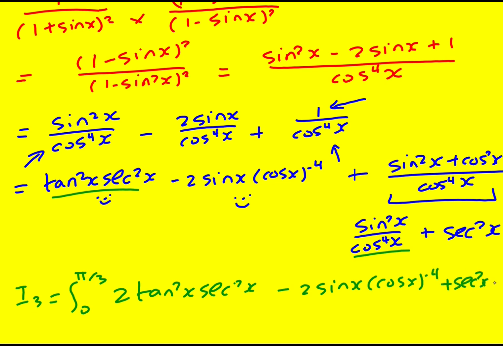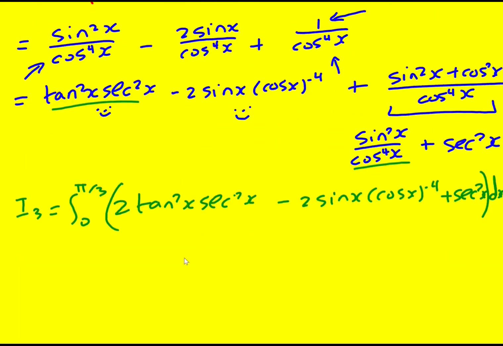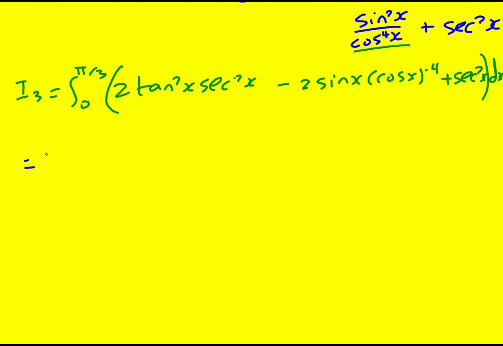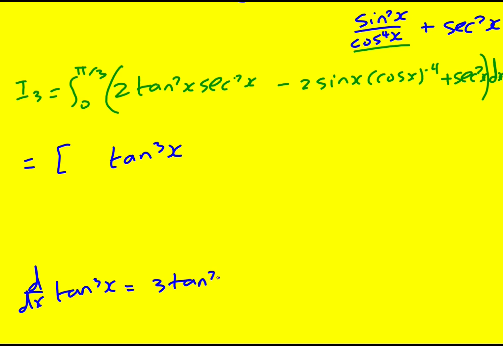Plus sec squared x. So we're going to use a trial function here of tan to the 3x. Because when I differentiate that back, I'm going to get 3 tan squared x, dealing with the outside, times the derivative of the inside, sec squared x. So all I need to do is divide by 3.